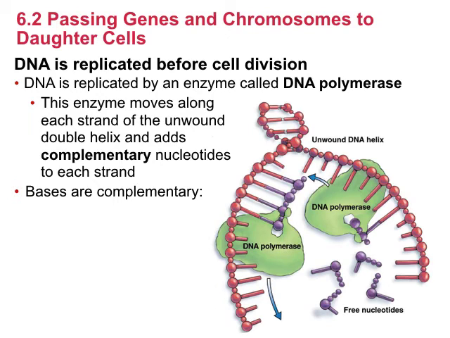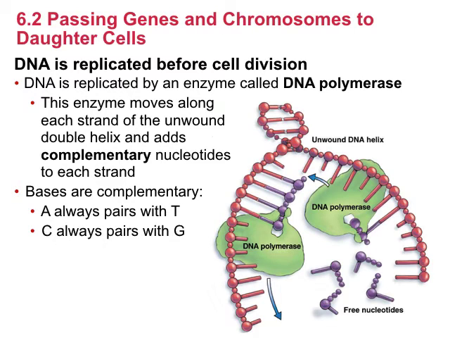So when I say nucleotides, I'm talking about the monomer of DNA, right? And these nucleotides are made up of a phosphate, a ribose sugar, and a nitrogenous base. And these bases, you have four of them, so therefore you have four different letters in the genetic code, A, C, T, and G. These bases are complementary, so A will always pair with T and C will always pair with G, always.